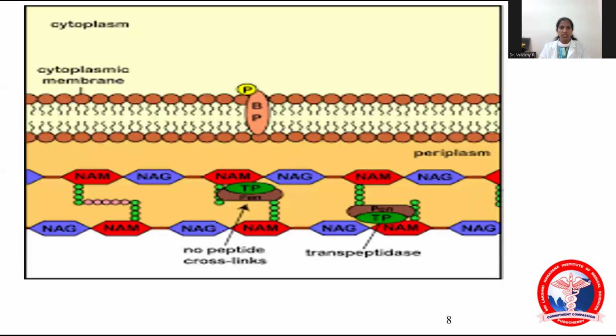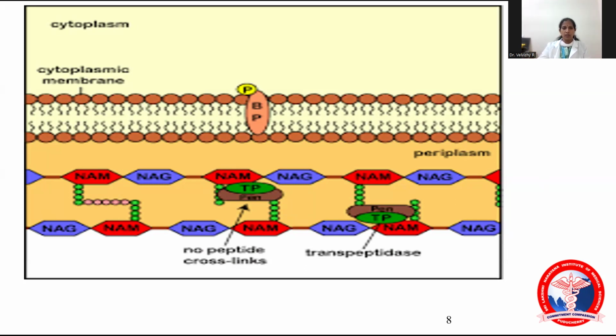If you look in depth, this is the cell wall of bacteria. The cell wall has a cytoplasmic membrane and a peptidoglycan layer. This peptidoglycan layer has glycan chains linked with peptide chains. This is the structure of the peptidoglycan, and this layer provides the integrity of the cell membrane.